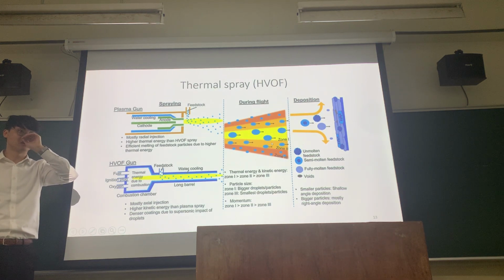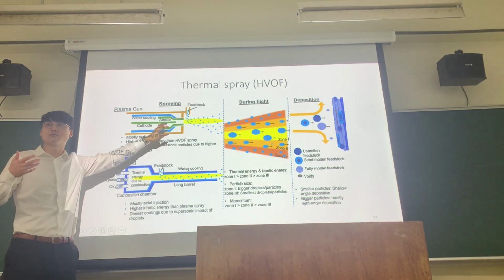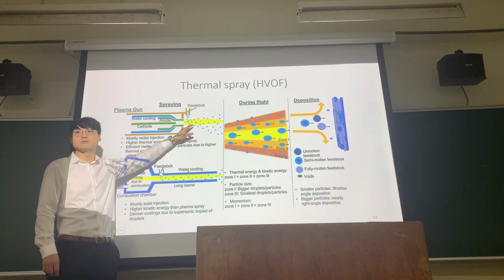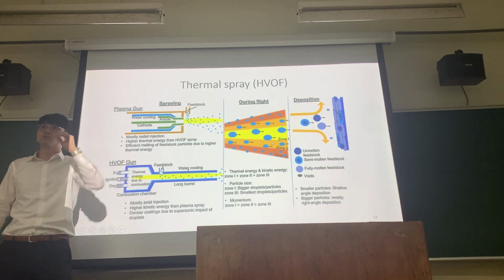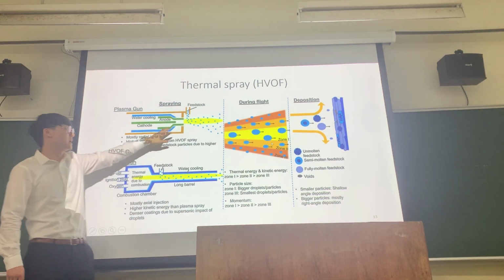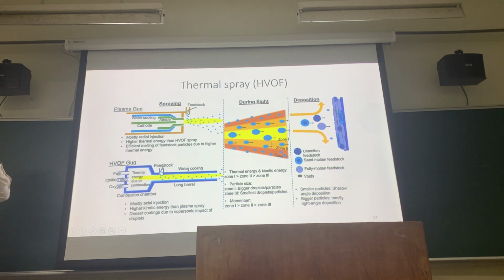The cathode and anode help to generate high enough heat so that when you feed in the feedstock powder at the exit of this nozzle, it helps to melt the powder, right? So the powder doesn't feed in from this side, okay? It's from the exit of the nozzle, right? So that's a very common simple spray system.